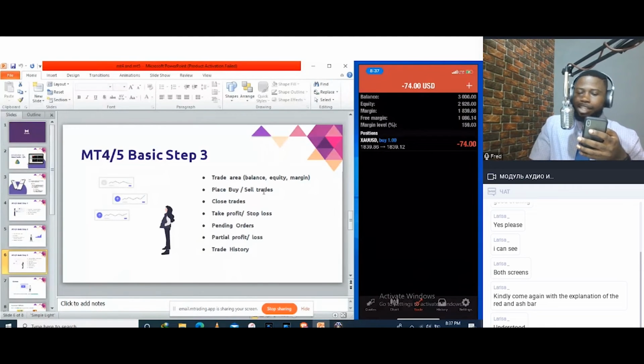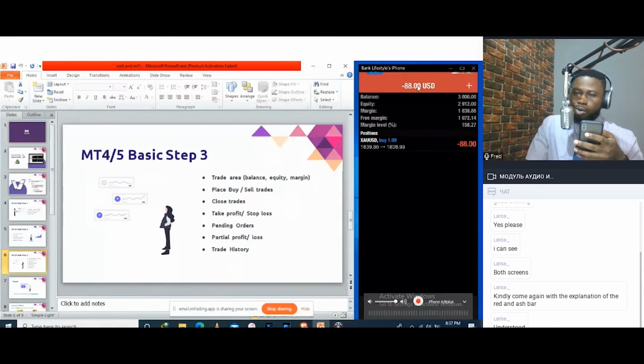The equity is the profits you are making at the moment, or the losses you are making at the moment, deducted from your balance. So as we are losing $91 right now, if you deduct it from the $3,000, that becomes the equity. For example, if you were making $100 right now, our equity would be $3,100.